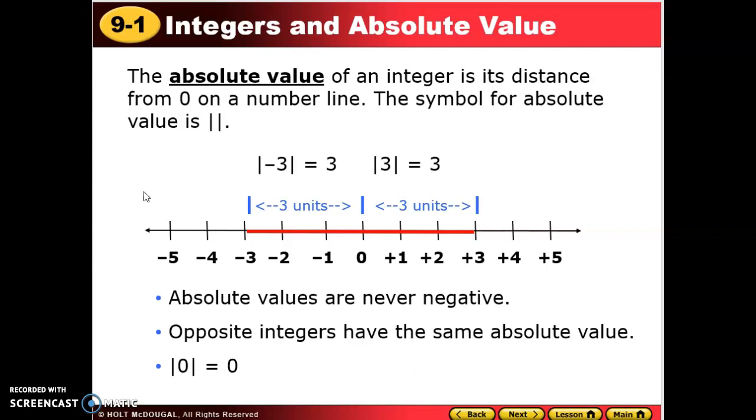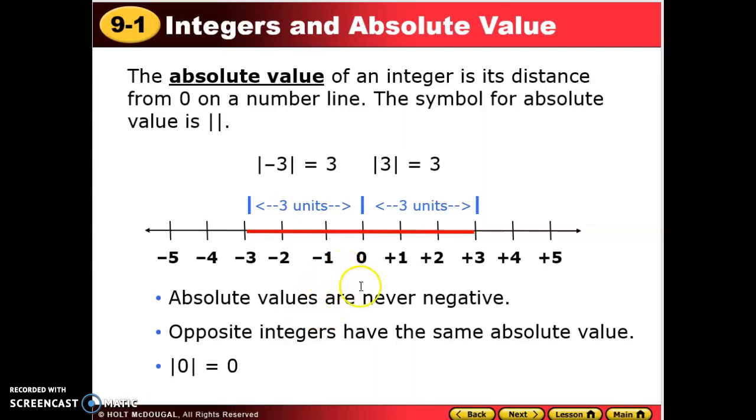The symbol for absolute value is those 2 lines that enclose the number. So you would read this as the absolute value of -3 equals 3, and the absolute value of 3 is 3.